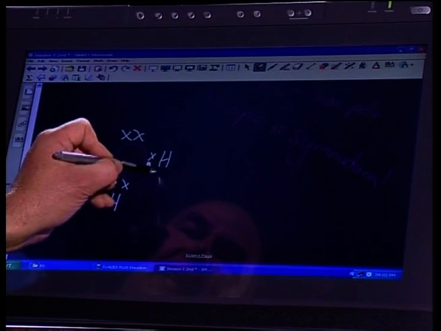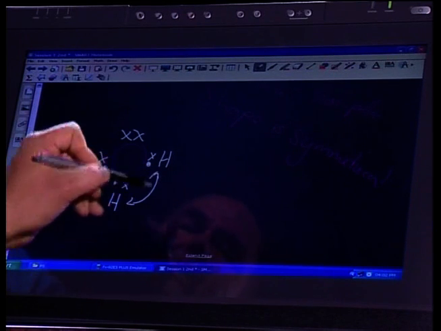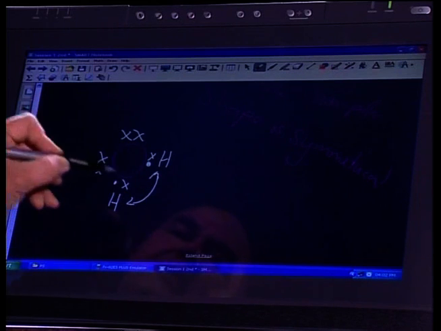I just want to draw the picture of the water molecule so you can see where that lone pair is. Oxygen starts off with 6 electrons. So there's the 2 pairs. This one, that's the lone pair. This one is now the bond pair, and this one is the bond pair. But this angle is just a little bit bigger than 90 degrees.